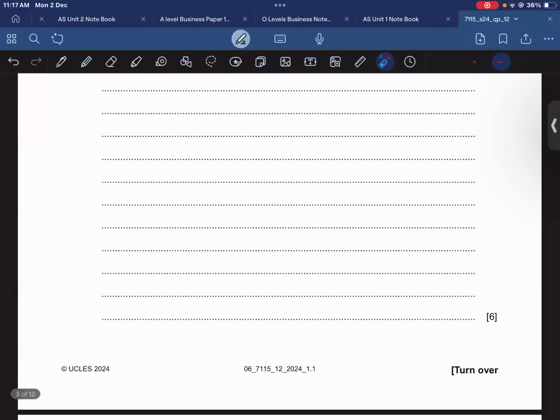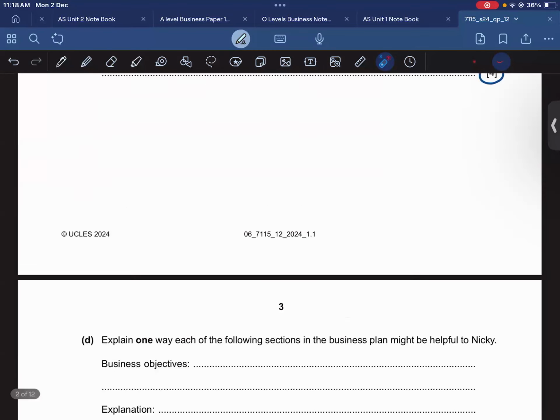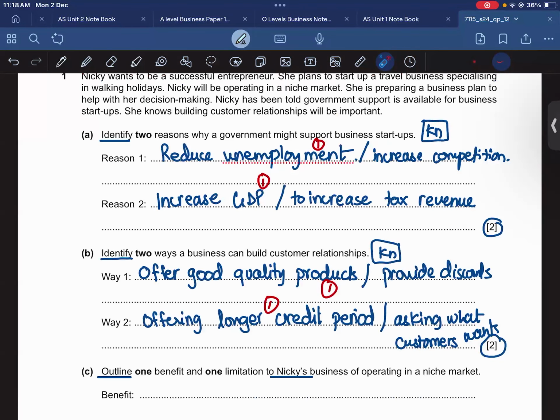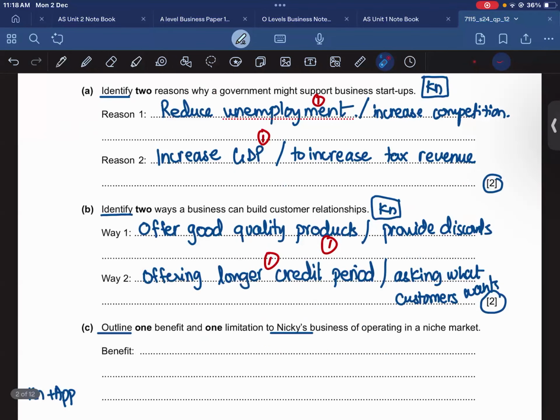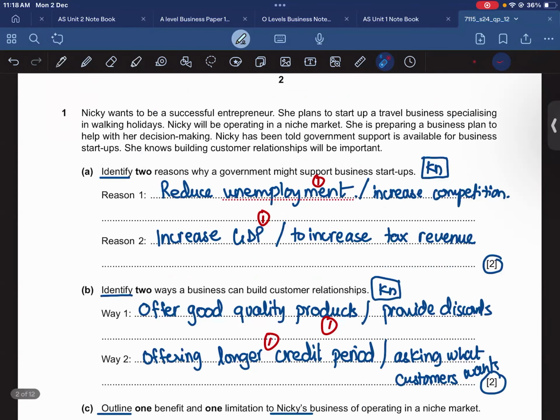So in a question there are A, B, C, D, E parts, and each and every part has different questions, and each and every part will be answered differently.